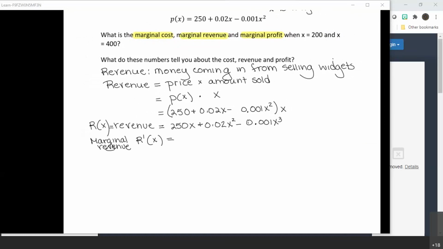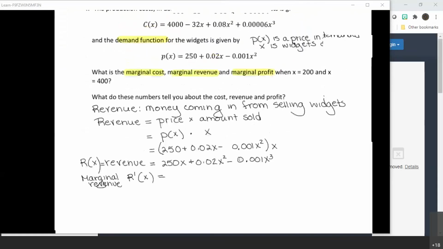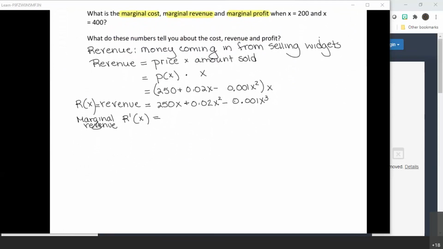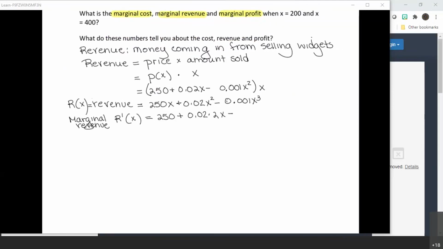So again, I think we can do the C prime pretty easily. And then I have my R prime, which oddly enough is going to give me back what I kind of started with, sort of: 250 plus 0.02 times 2x minus 0.0003x squared. So here's my marginal revenue.